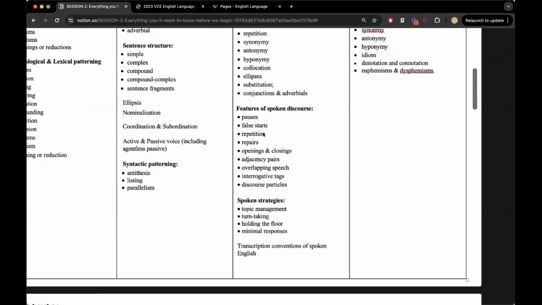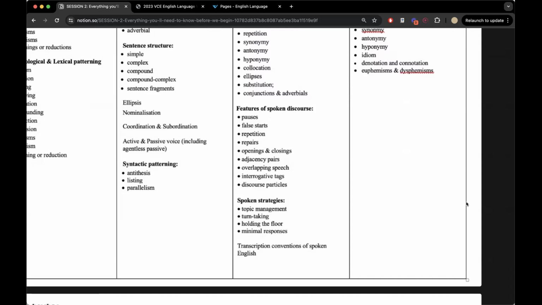And it's about all of that in the orchestra. So features of spoken discourse are the different instruments you might have in the orchestra, right? Spoken strategies are the way that you can conduct these modes of communication to fit a conversation. That's how I think of it. But yes, obviously you'll have to just memorize it. Because in short answer, they might say spoken strategies, and they mean these. But if they say features of spoken discourse, they mean these.